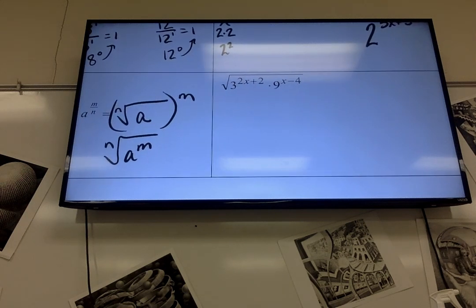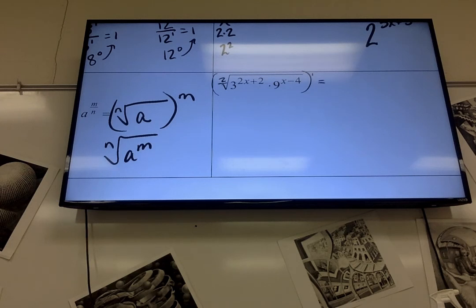Okay, so what kind of root is this example? Square root. So what little number is not here but could be there? 2. It's a square root. And it's not really raised to a power, so it's an understood 1.